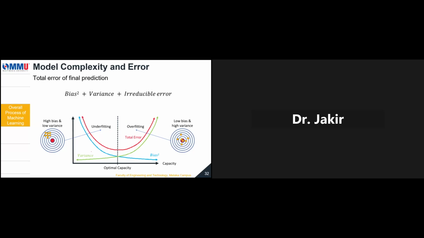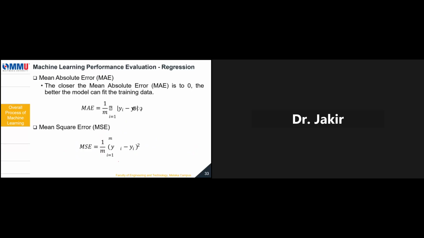Based on variance and bias, as I told you earlier, high bias and low variance is underfitting, and low bias and high variance is overfitting. This is the bias and variance curve, and at this point we have the optimal capacity. To evaluate the model we can find the mean absolute error.